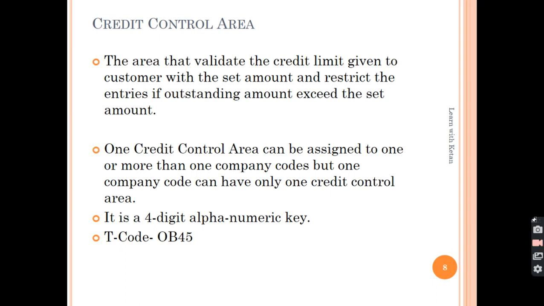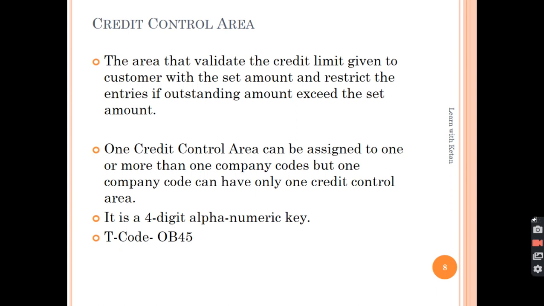Then third point is it is a 4-digit alphanumeric key. When you create credit control area in SAP, you have to define it with certain keys, and that key is limited up to 4 digits, alphanumeric. You can set it with a combination of alphanumeric key also.